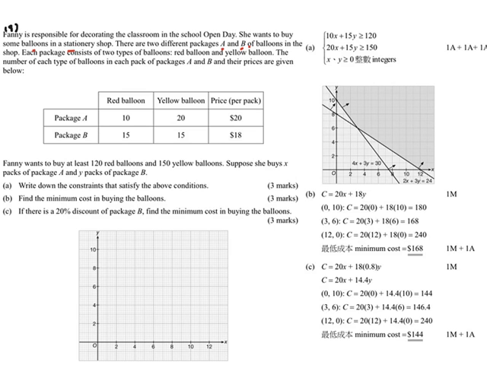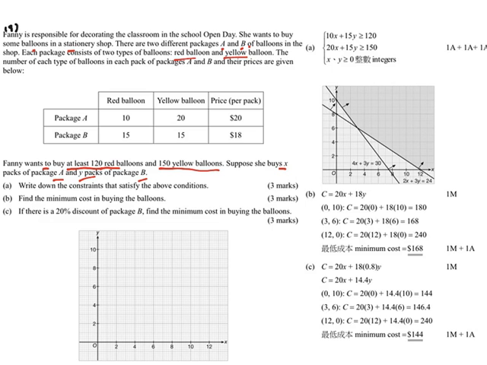Each pack consists of two types of balloon, red balloon and yellow balloon, and the number of each type of balloon and the price is given below. Fanny wants to buy at least 120 red balloons and 150 yellow balloons, and she buys x packs of A and then y packs of B.